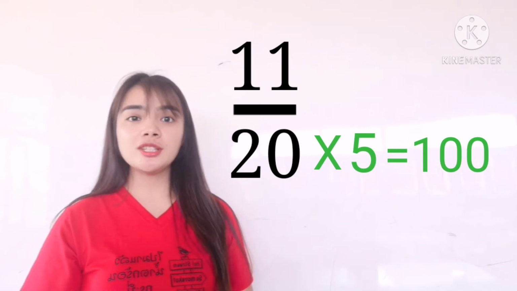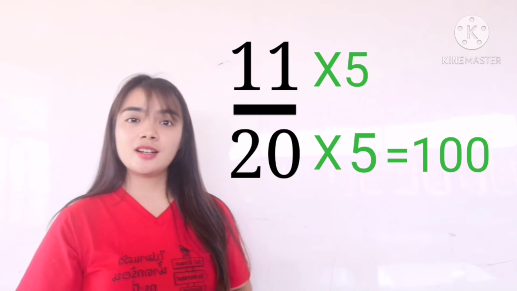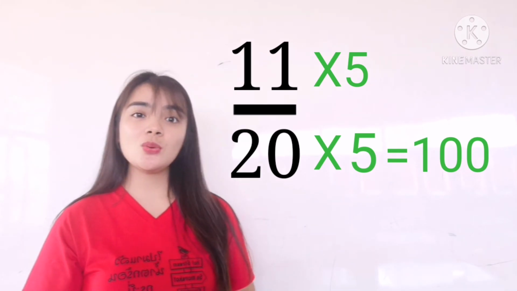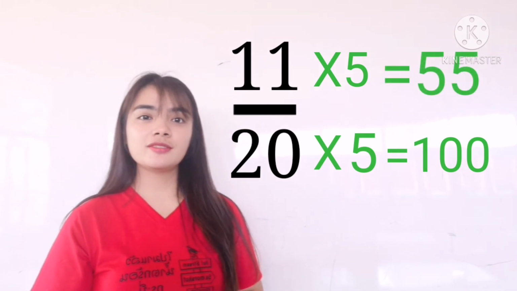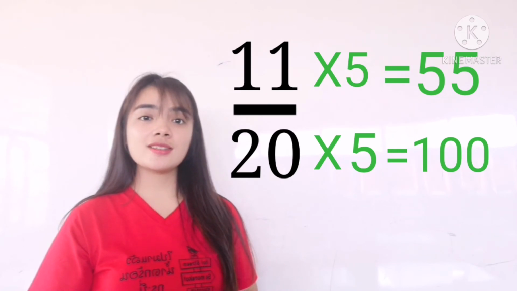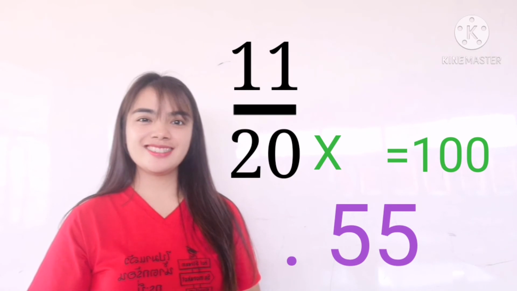So we can just multiply 5 to 11. So 11 times 5, that is equals to 55. So we can just convert it. So our answer would be 0.55. Getting it?